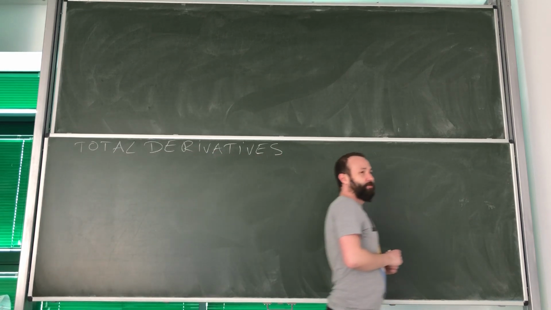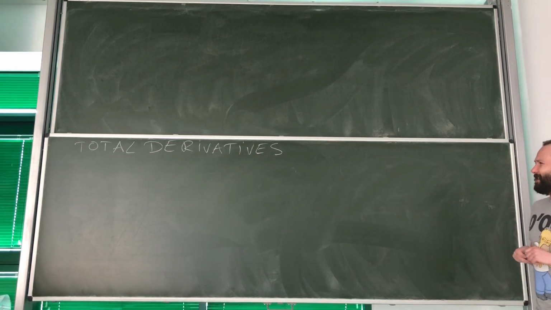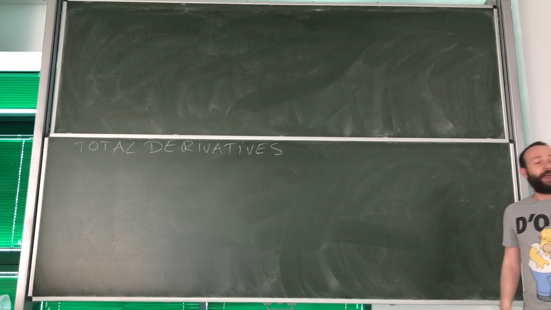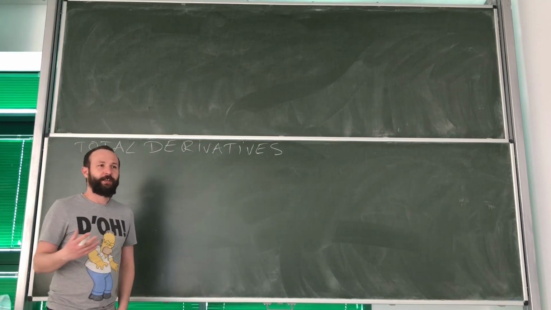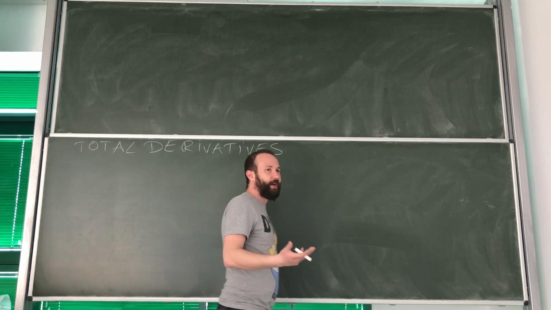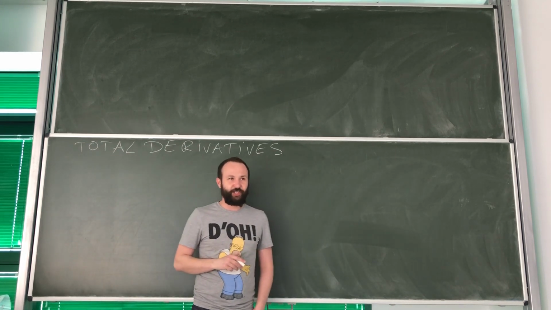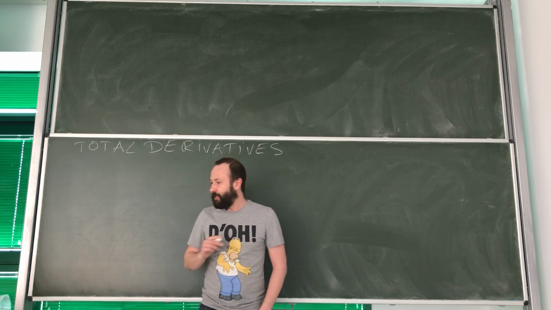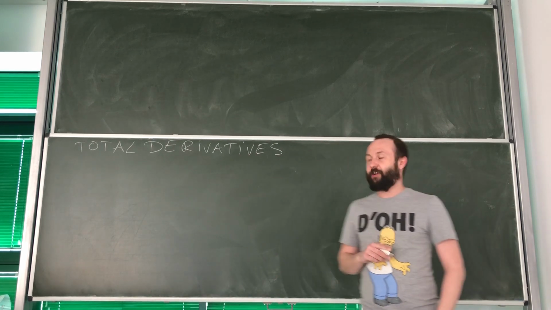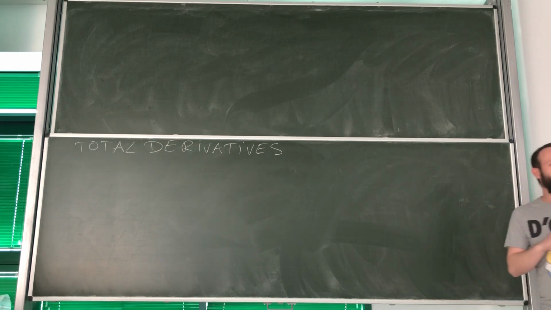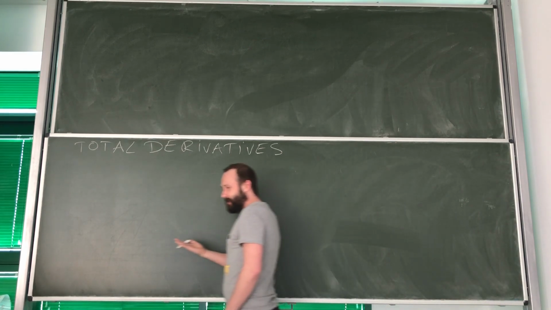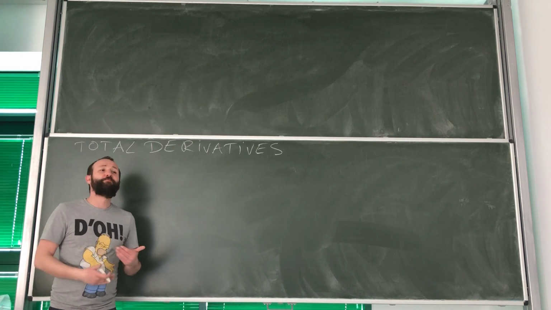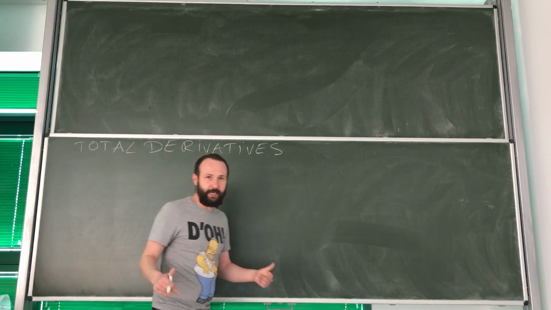In order to make those calculations simpler and to incorporate nonlinear relationships between the variables, we can move to general functions. And this is where we're slowly going to be moving from today.